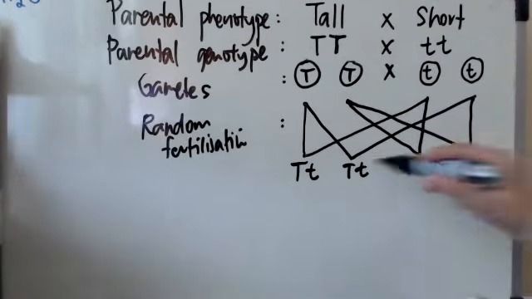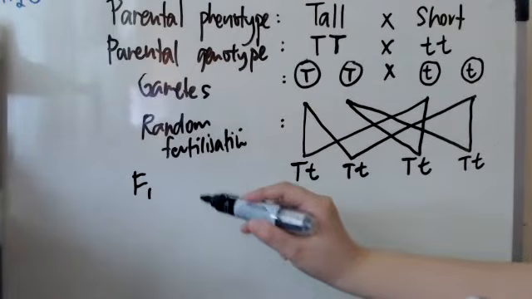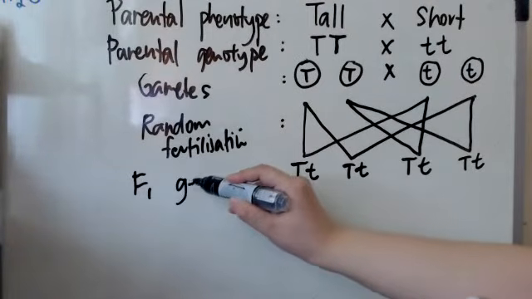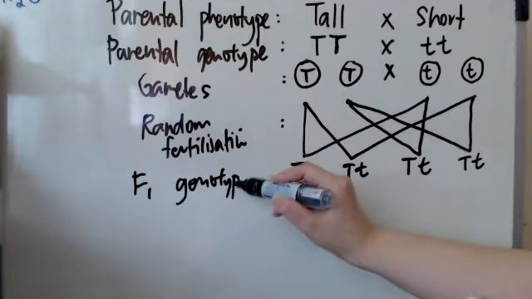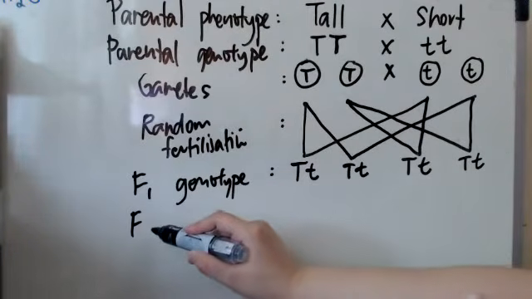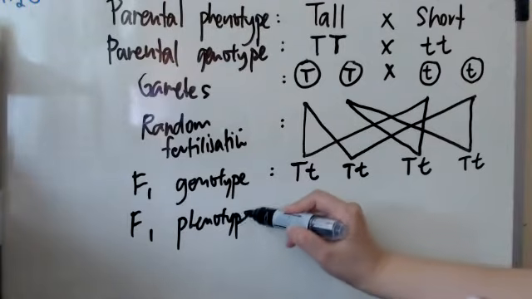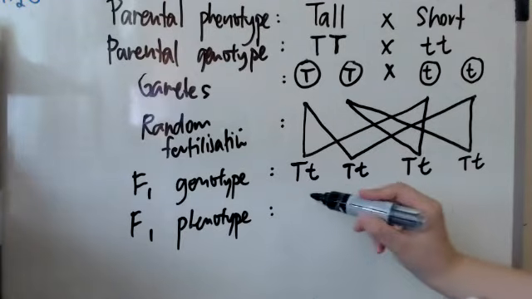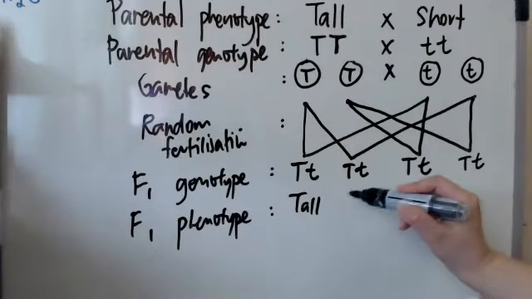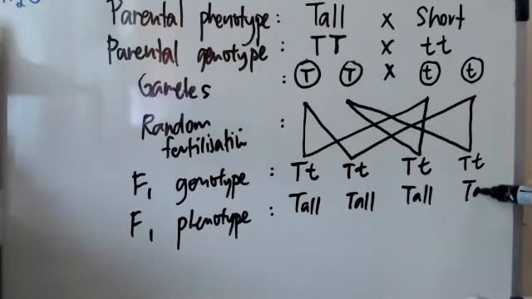Okay, so these are filial generation 1, F1, its genotype. So after you write down the genotype, do write down the phenotype as well. Okay, the phenotype will be tall, tall, tall, tall.